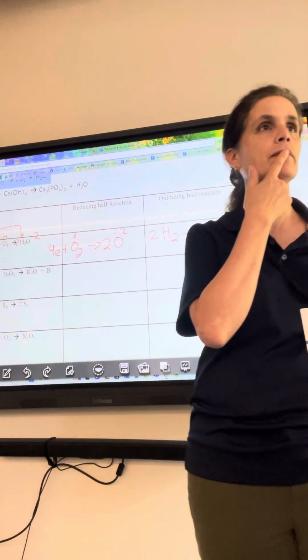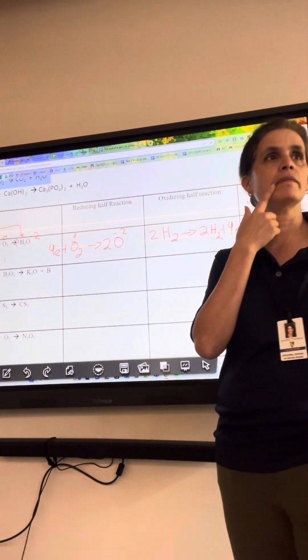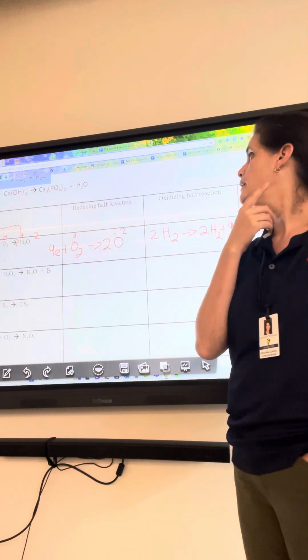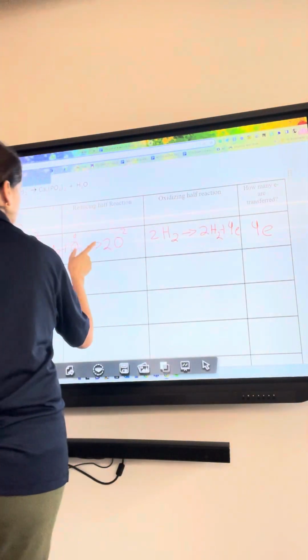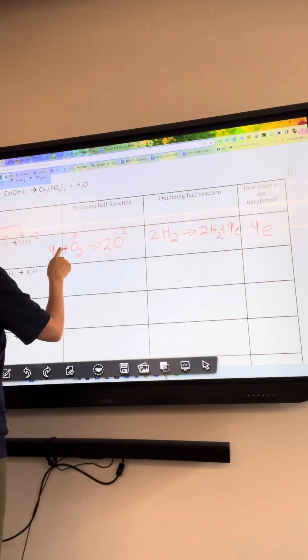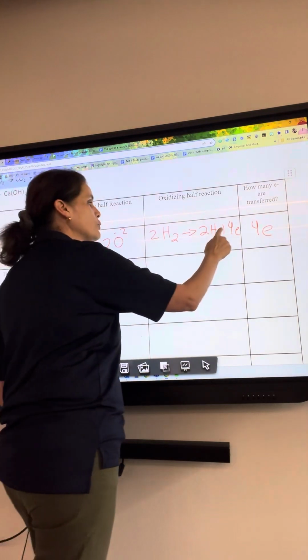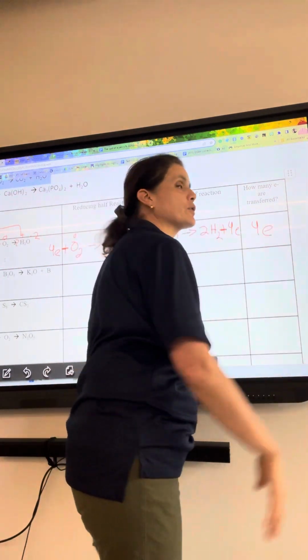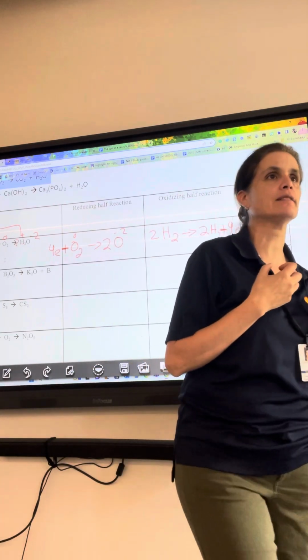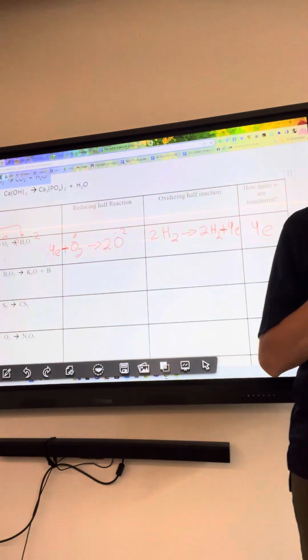It's going from something big to something small, right? Do you always put a plus sign when you say how many electrons, or do you put a minus? You add them to the left when you are gaining them, and you add them to the right when you are losing them, because you lose on the product side and you gain on the reactant side. You never put a subtraction.